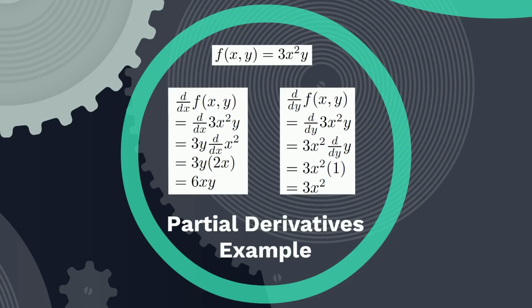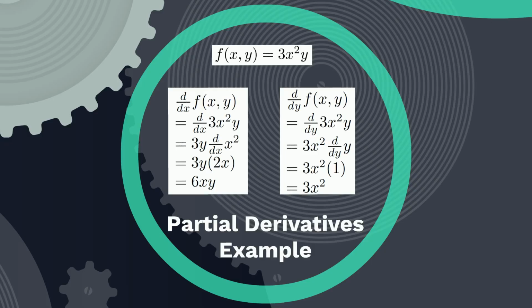So now we can move that 3x squared, because those are both constants, out in front of the d dy, and now we have just the derivative of y with respect to y, which of course is just going to be 1. So we're left over with 3x squared. So these are the partials of this function with respect to x and respect to y.